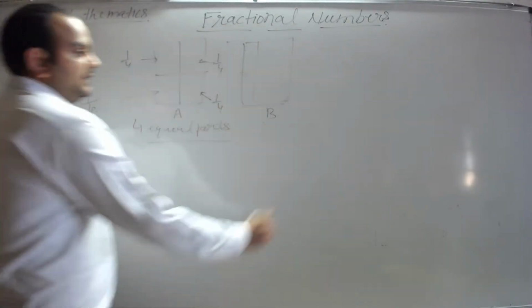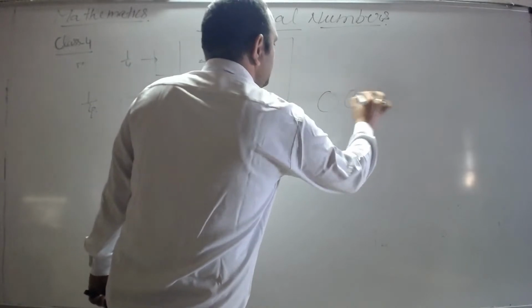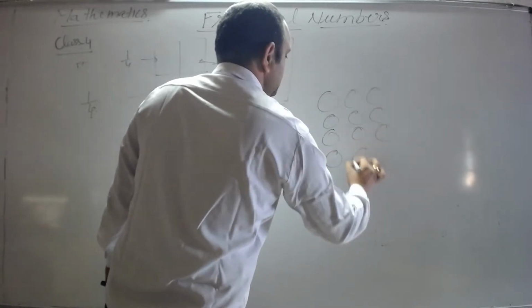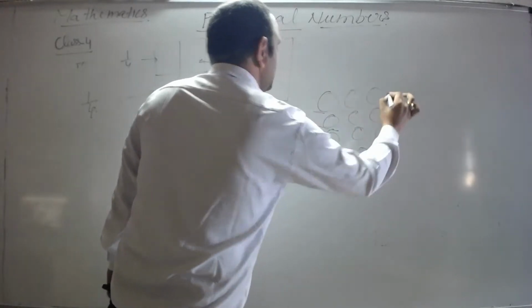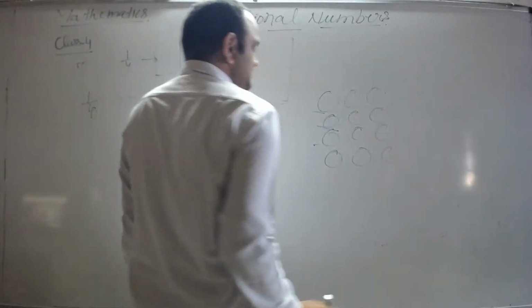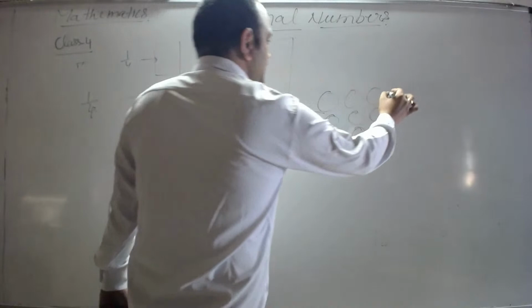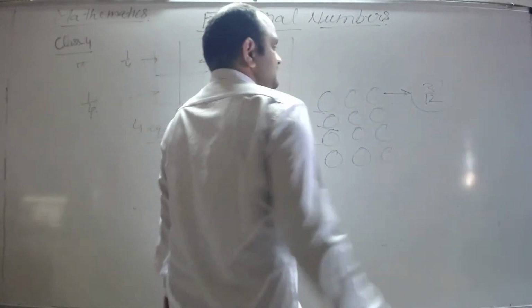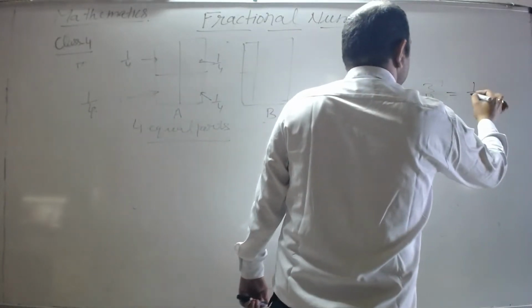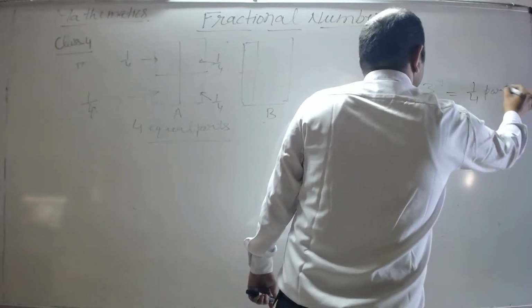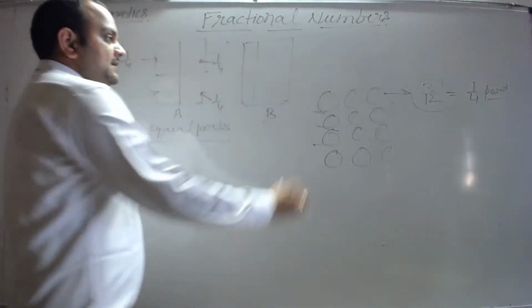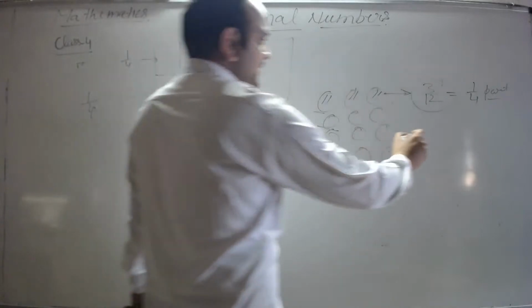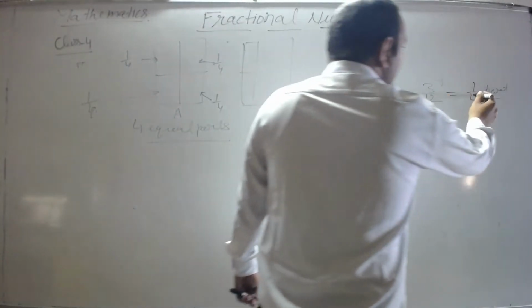And if we have some balls in a group, here the group is divided into 4 equal parts, so each part has 3 balls. These balls are 3 out of 12, and this will be 1/4 part. Suppose these are red balls. So what will be the fraction of red balls? We can say 3 out of 12, or we can say 1/4.